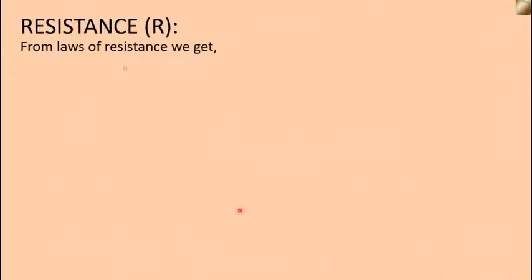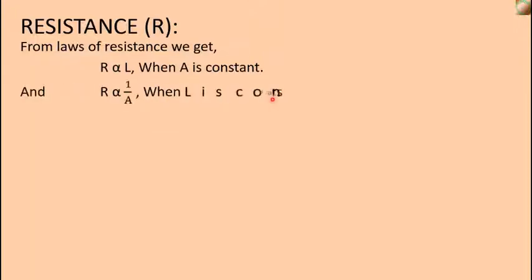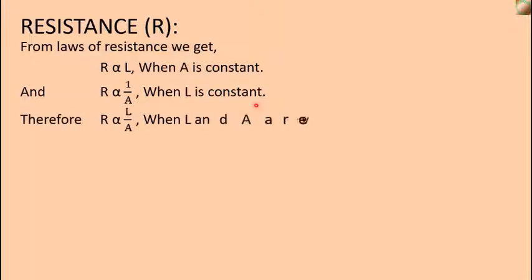From the laws of resistance we get, from the law of length, R is proportional to L when A is constant, and R is inversely proportional to cross-sectional area when length is constant. Therefore, combining these two laws, we get R is proportional to L divided by A when L and A are variable.